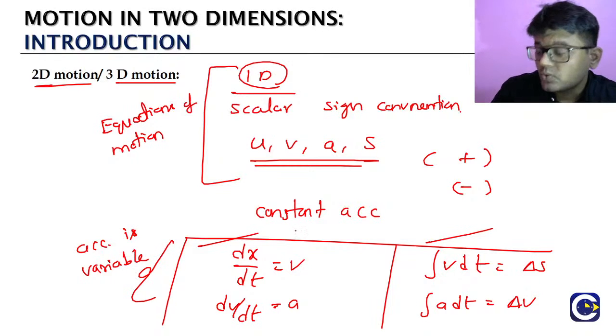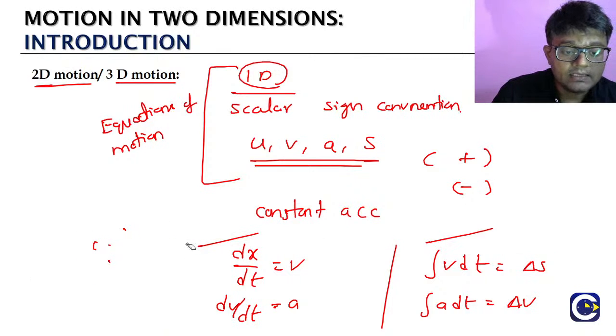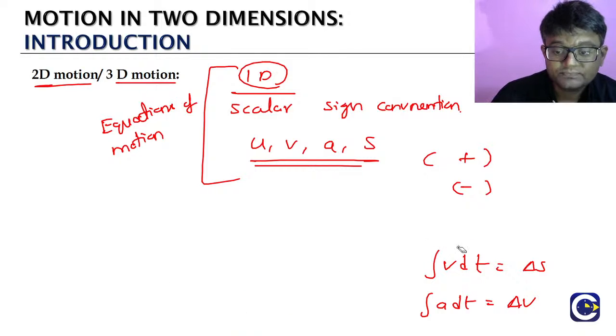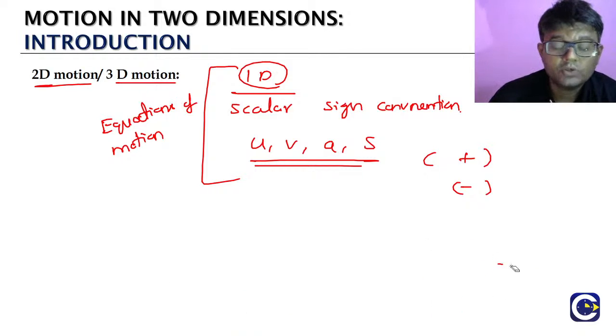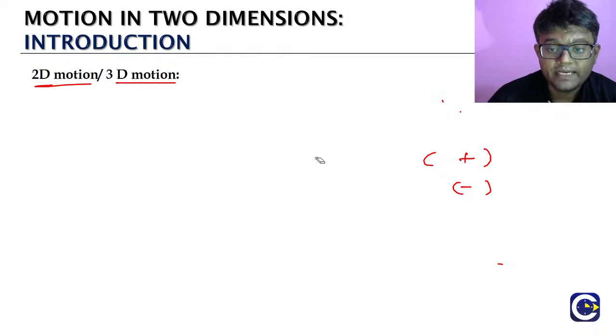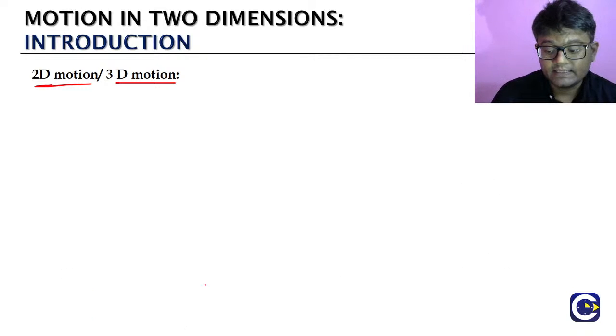But when it comes to 2D or 3D, we are going to have the same quantities but represented as vectors. When you're trying to understand 2D motion in the xy plane, displacement means we will have the displacement along the x-axis as well as along the y-axis.